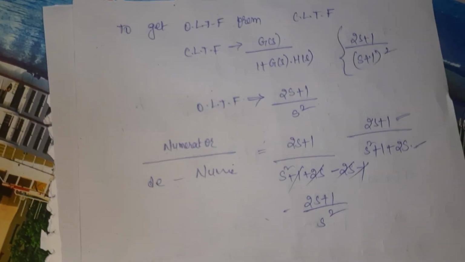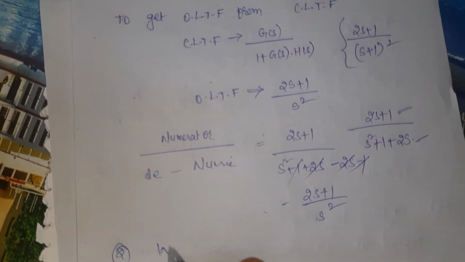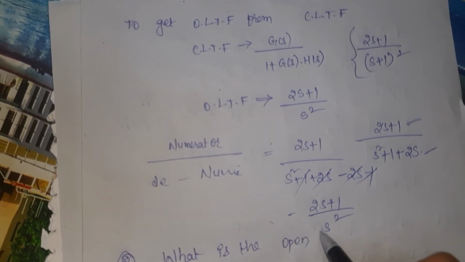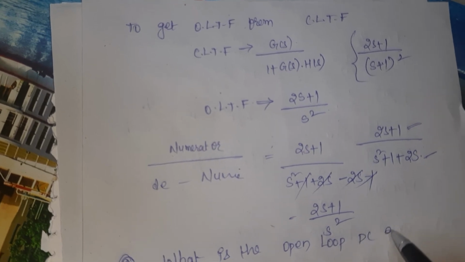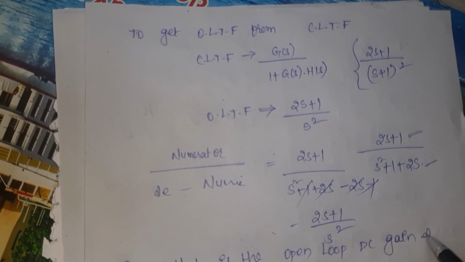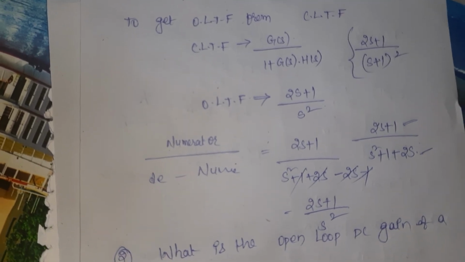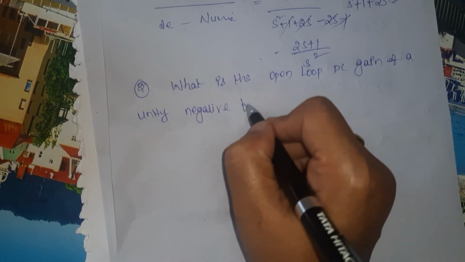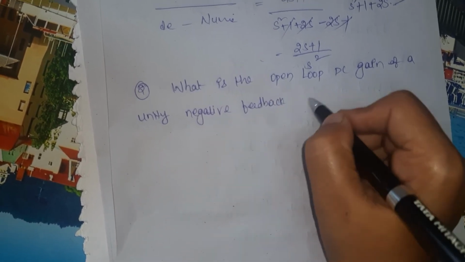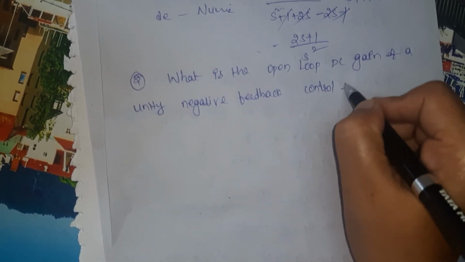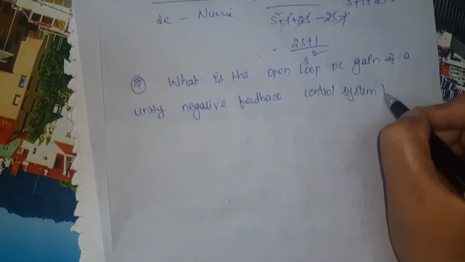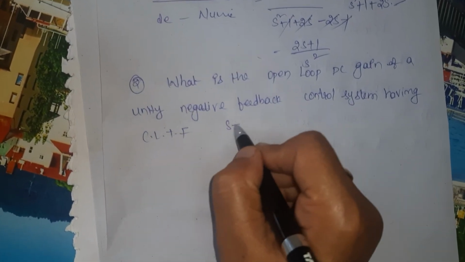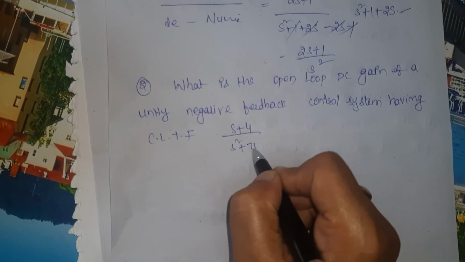Okay, and the second problem. What is the open loop DC gain of a unity negative feedback control system having closed loop transfer function s plus 4 by s square plus 7s plus 13?